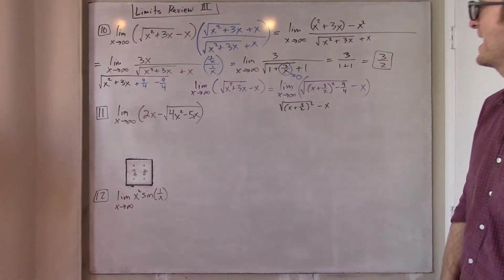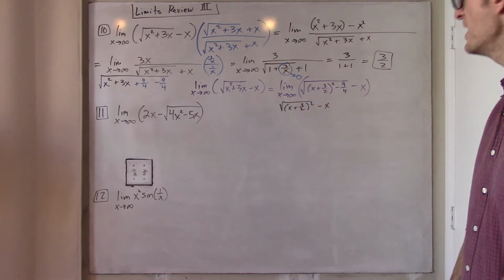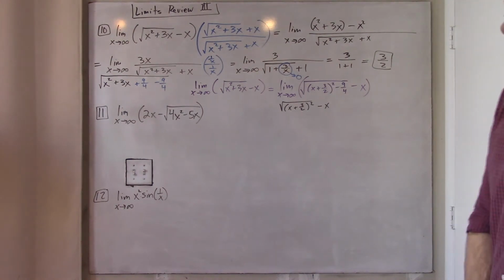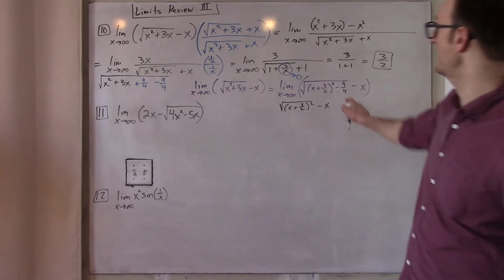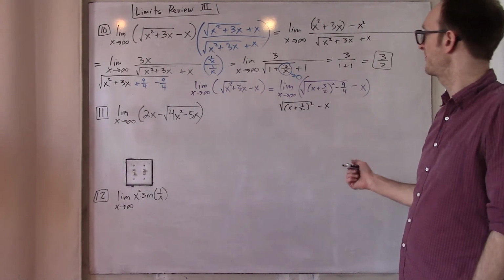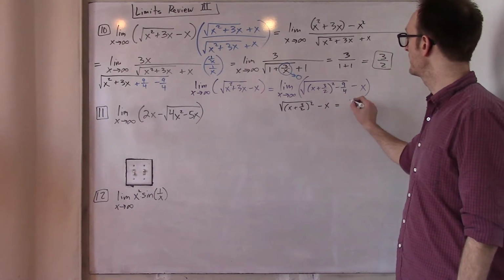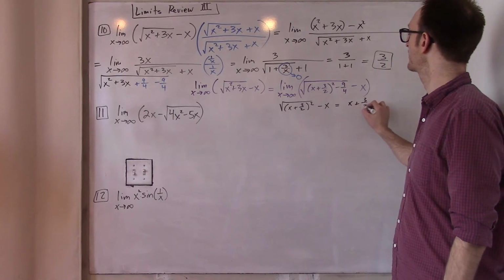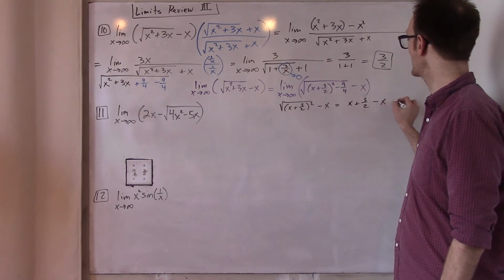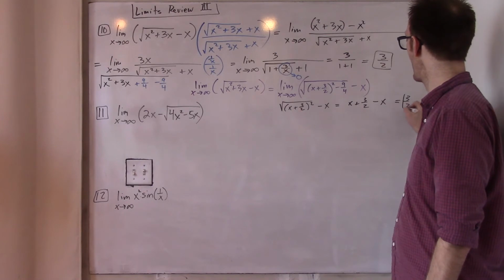In other words, I am getting rid of the 9/4 because it's irrelevant eventually for large enough values of x. And so this is really x plus 3/2 minus x, and therefore this is 3/2, which is the answer.